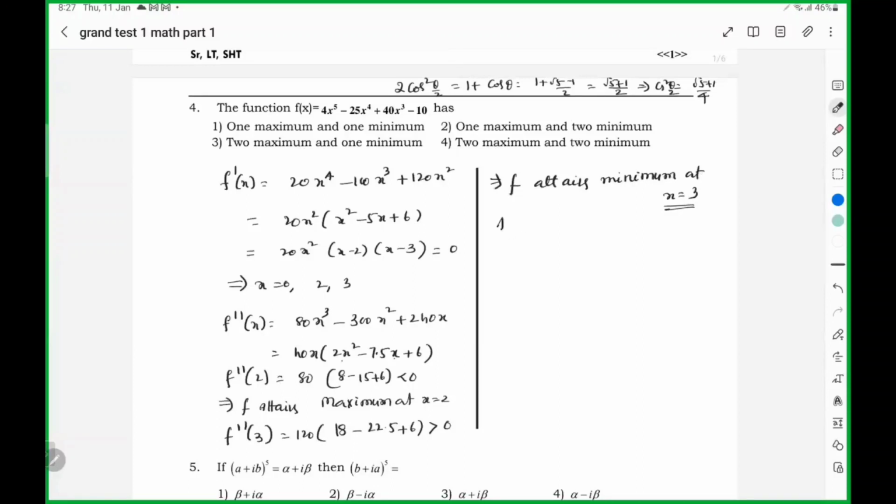So at 0, again as usual, we find f double dash x, then we have to continue the process.